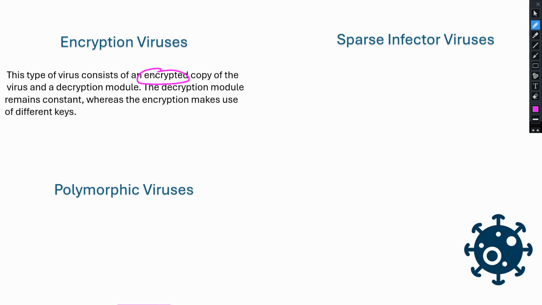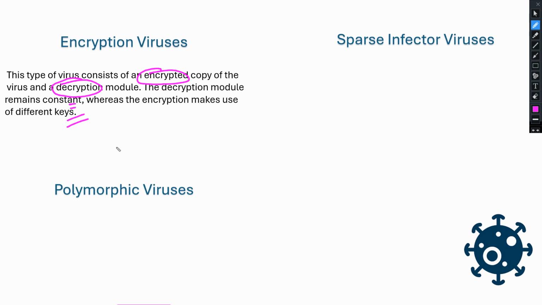Encrypting copy of the virus and decrypting module. The decryption module remains constant, whereas the encryption makes use of different keys. Let me describe it for you.